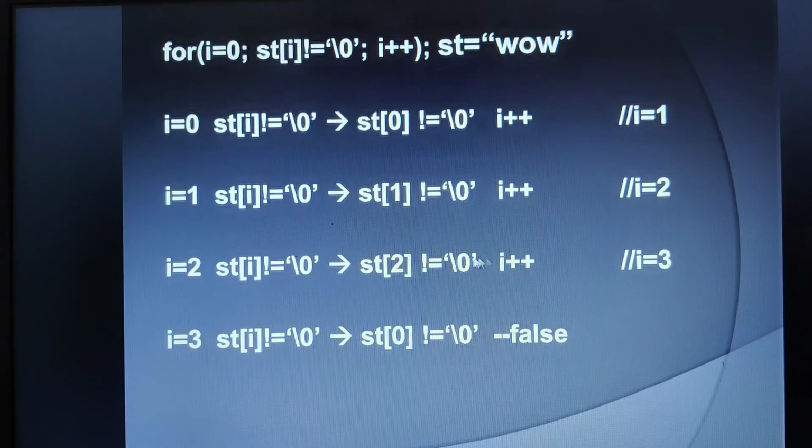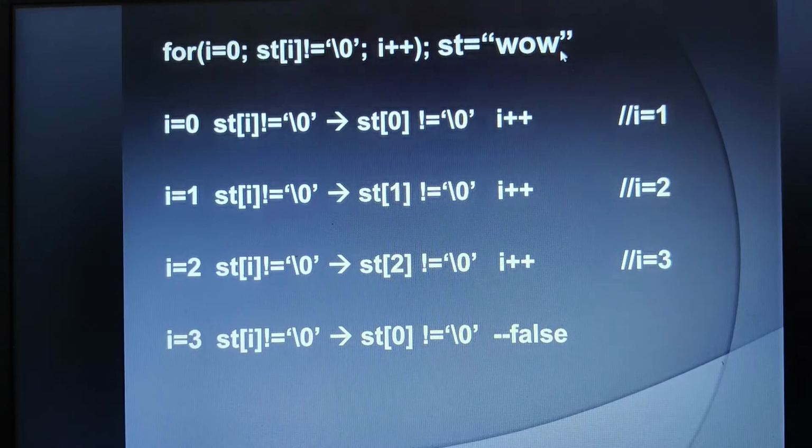Actually this condition is terminated, so we don't have an associated statement. The control moves to the third part, that is i gets incremented. Once i gets incremented, i is equal to 3. Look here, i is equal to 3, in the sense string of 3. We don't have a third one here.